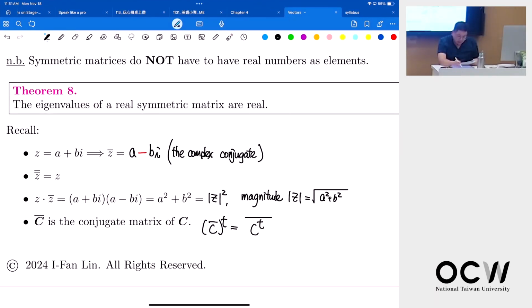Based on this theory, if the symmetric matrix is a real matrix, then the eigenvalues will also all be real.